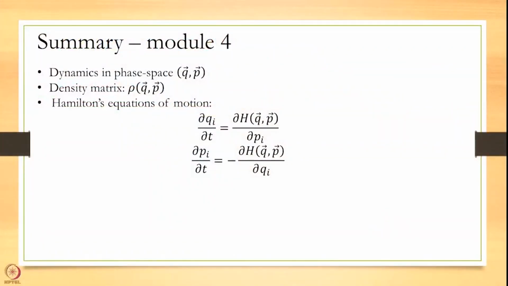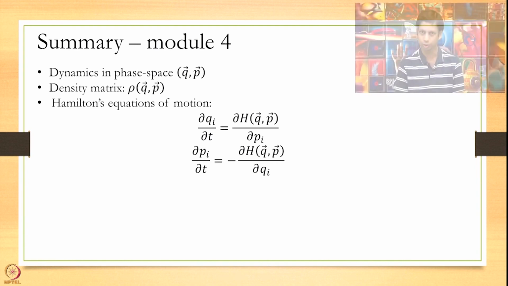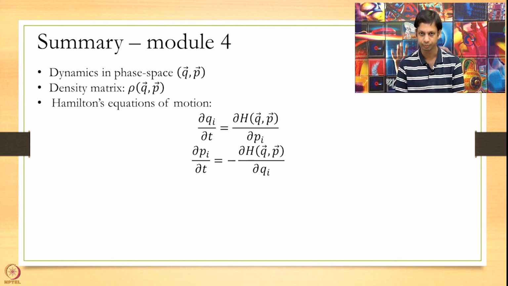So, in summary, in this module number 4, we have introduced a few basic concepts. First is the notion of phase space, which comprises positions and momentums. It is important to note that it is momentum and not velocity. Second, we have looked at the density matrix in this phase space.